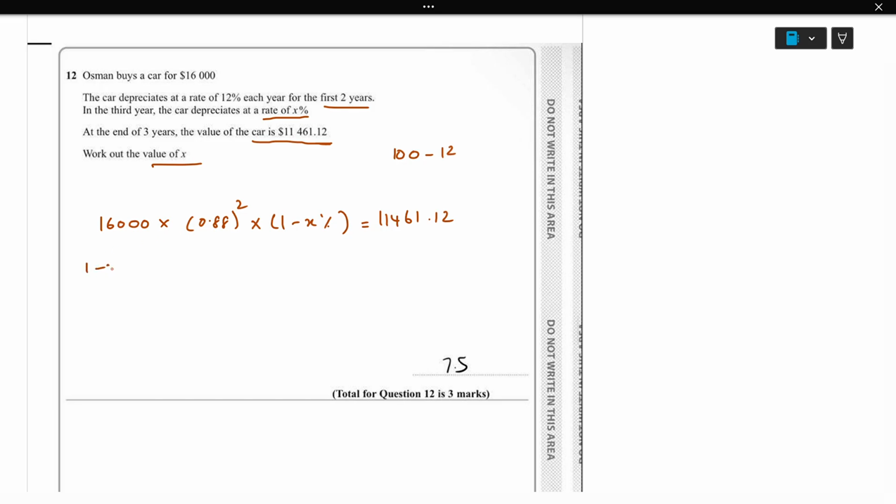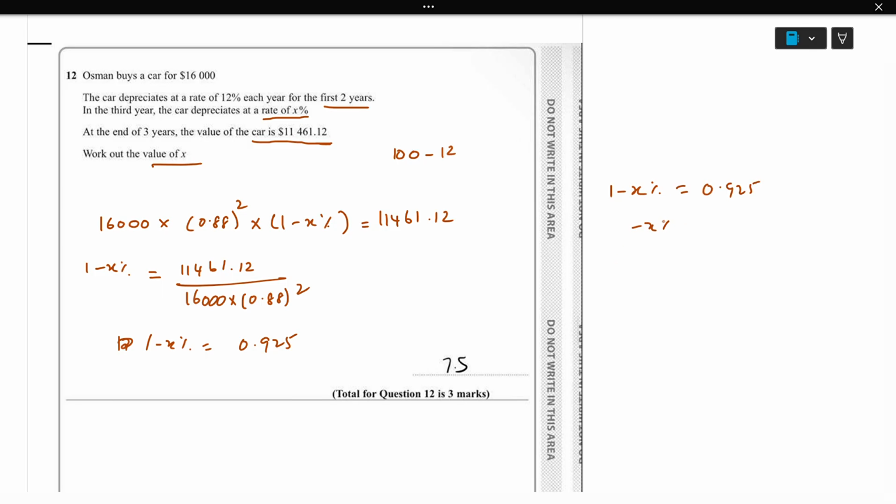So 1 minus X percent equals 11461.12 over 16,000 times 0.88 squared. When you calculate, you will get 0.925. So 1 minus X percent equals 0.925.